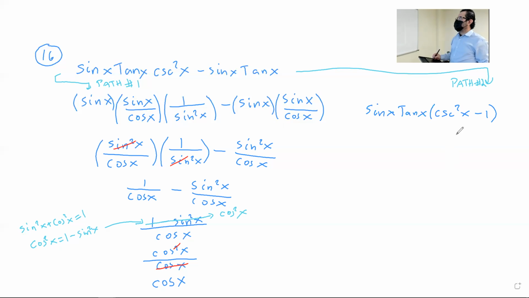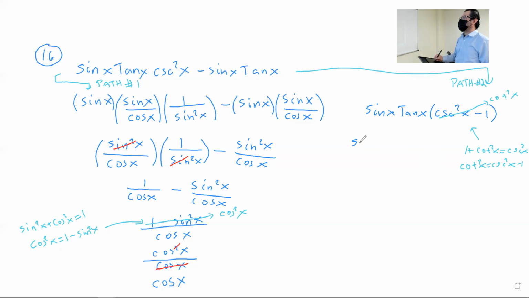This is also a Pythagorean identity. It derives from 1 plus cotangent squared of x equals cosecant squared of x. So this would mean that cotangent squared of x is equal to cosecant squared of x minus 1. So this here is equal to cotangent squared of x.